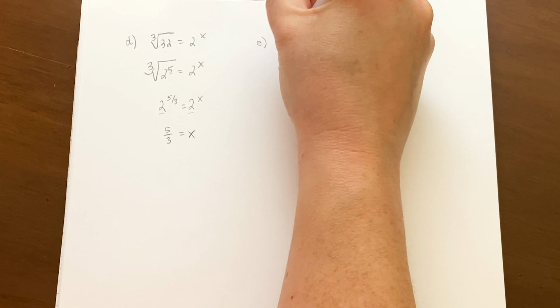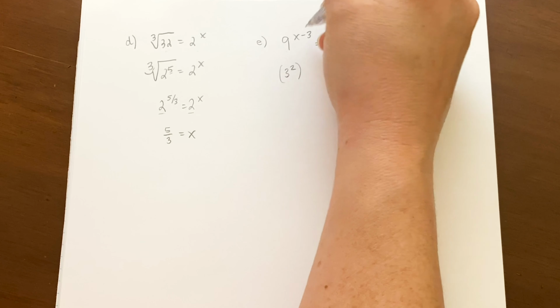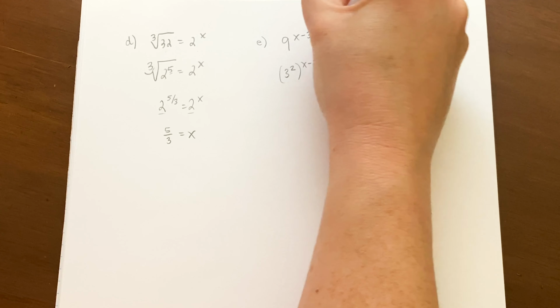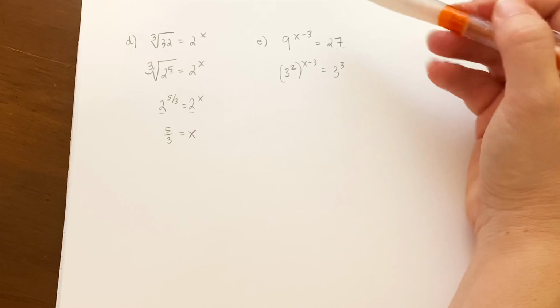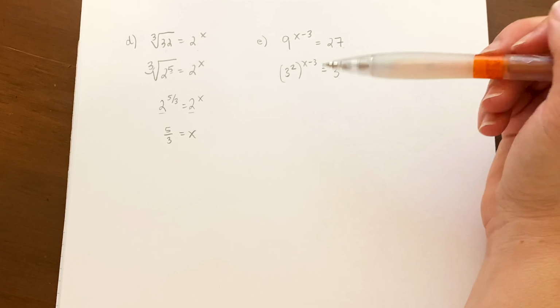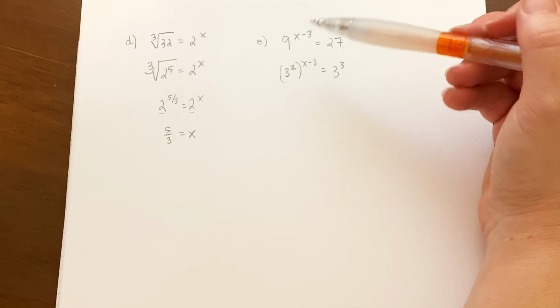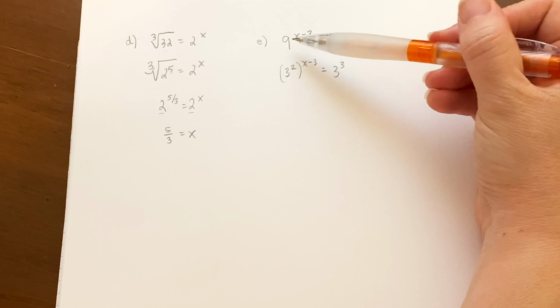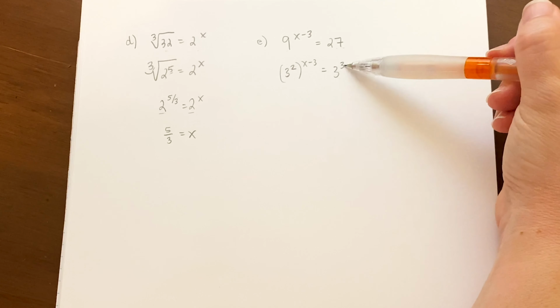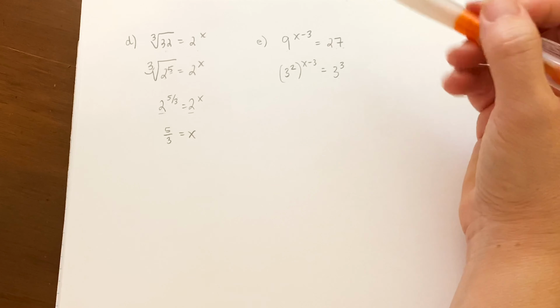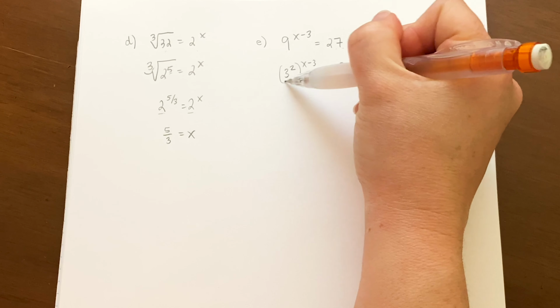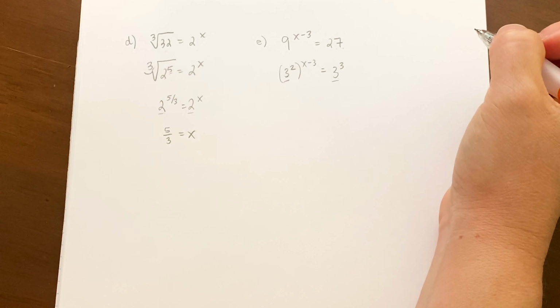So 9 becomes 3 squared and still raised to the x minus 3 power. 27 becomes 3 cubed. Now remember, we cannot change their value. I'm not changing the value of the 9. 3 squared still equals 9. 3 cubed still equals 27. I'm just changing the way they look. So now I've got base 3 on both sides.